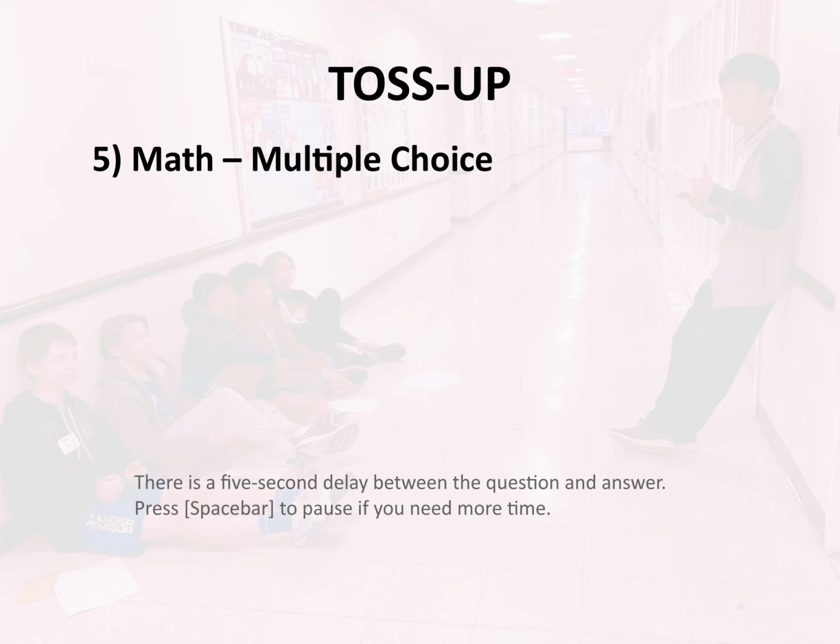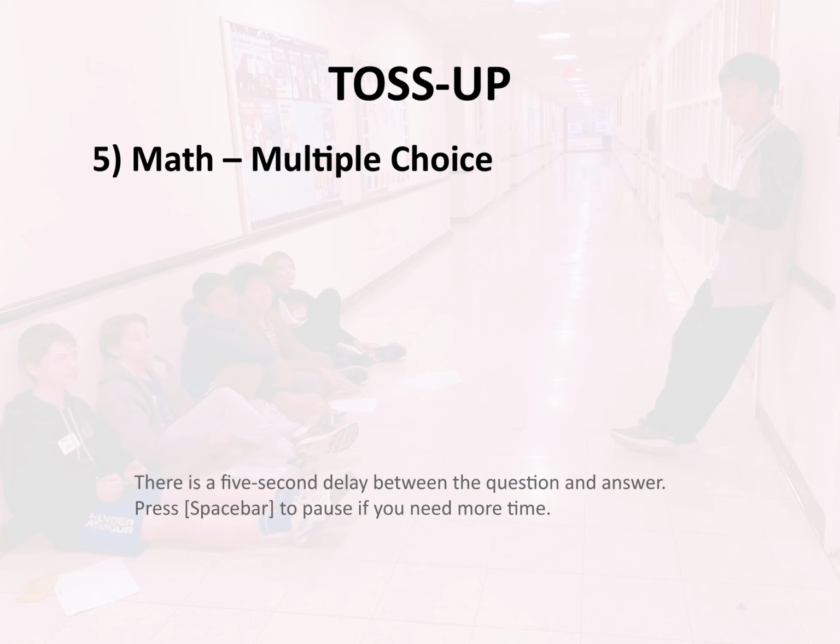Toss-up 5. Math, multiple choice. Matrices with which of the following pairs of dimensions cannot be multiplied together? W. 3 rows, 2 columns times 2 rows, 3 columns. X. 6 rows, 5 columns times 6 rows, 5 columns.